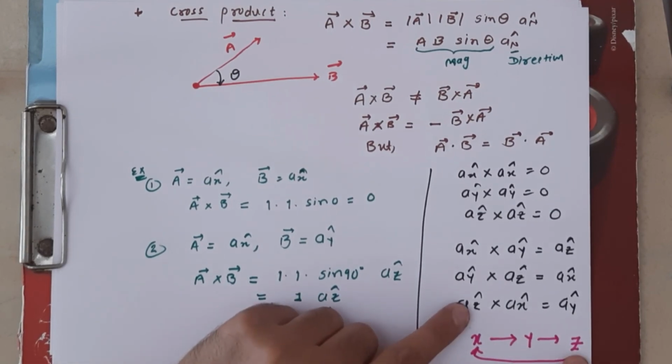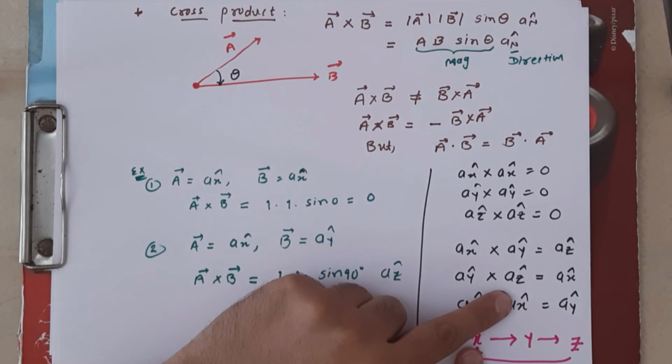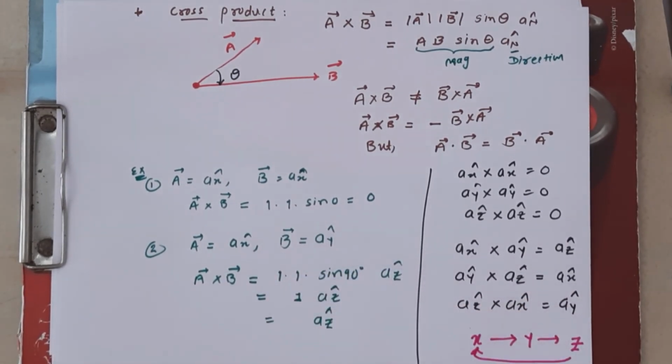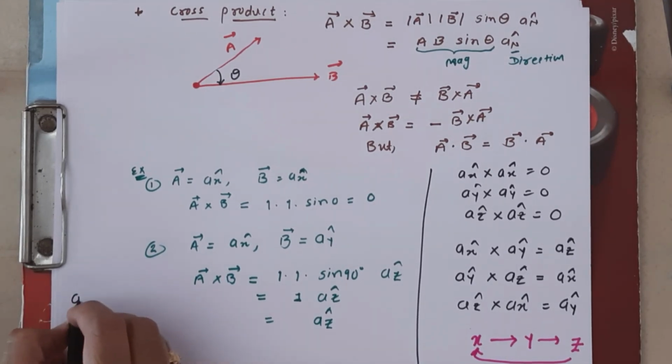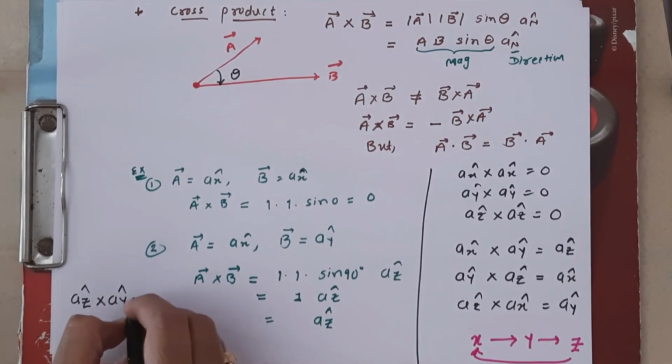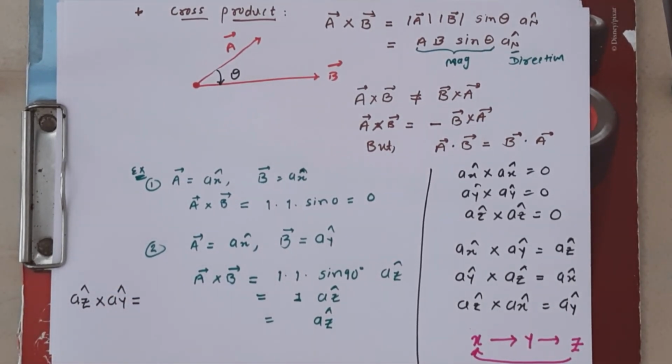In this case, first is Z, after Z it must be X, so it is correct, and after X it is Y, and after Y again it is Z. For example, suppose it is AZ cross AY. What should be the answer? First it is AZ.